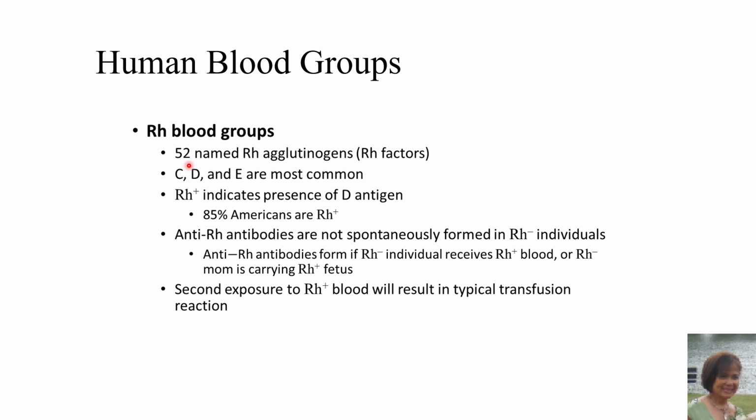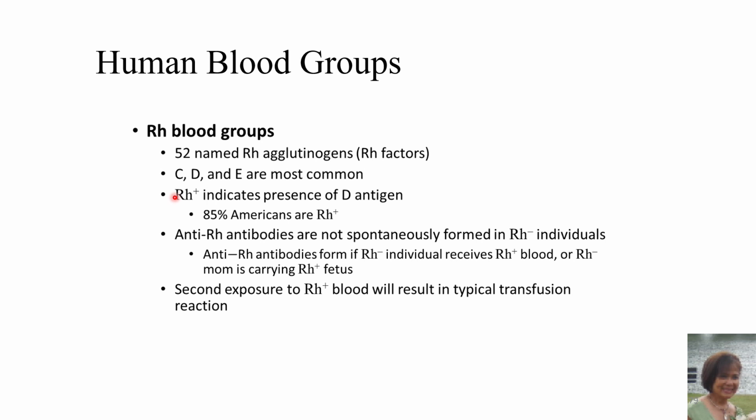You say RH positive, you don't really need to find out which of the 52 agglutinogens make you positive. You can get any RH positive blood. But if you're going to have an organ transplant, you need to know which of the 52. You need to be a little bit more specific.